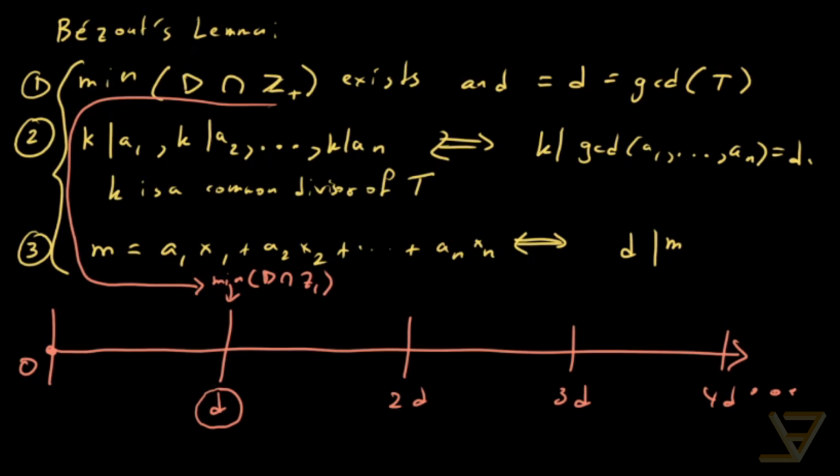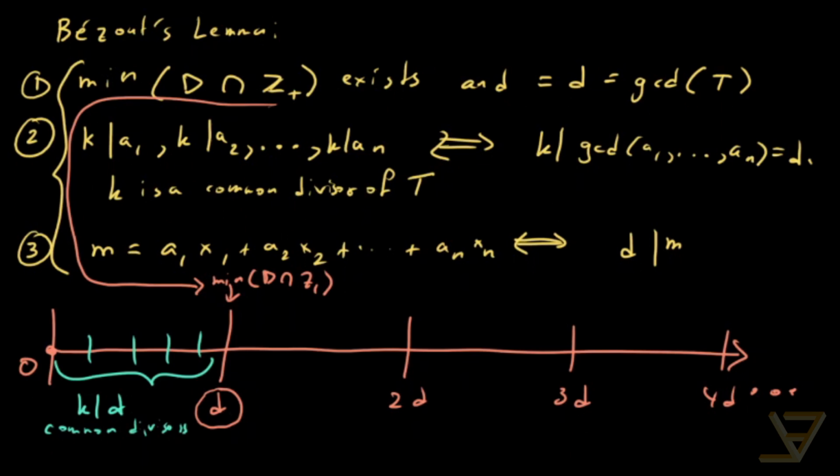And what we have is that we have elements here, these integers that divide d. So if k divides d, then this is where the common divisors are.